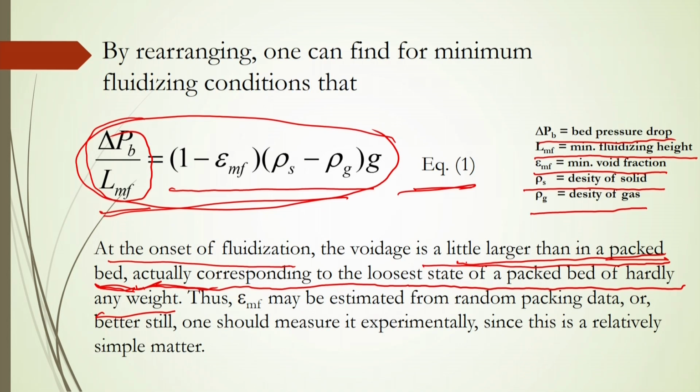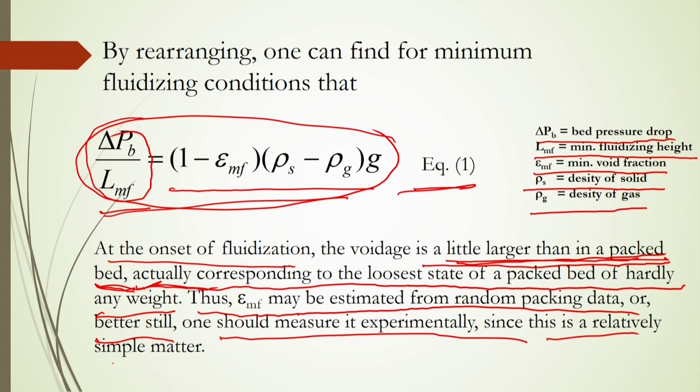That is why the void is a little larger than in the packed bed condition. Now, thus UMF you can estimate from the random packing data, or better still one should measure it experimentally, since this is a relatively simple matter. Of course, you can calculate the voidage experimentally, otherwise you can directly consider at this minimum condition what should be the voidage at packed bed condition.